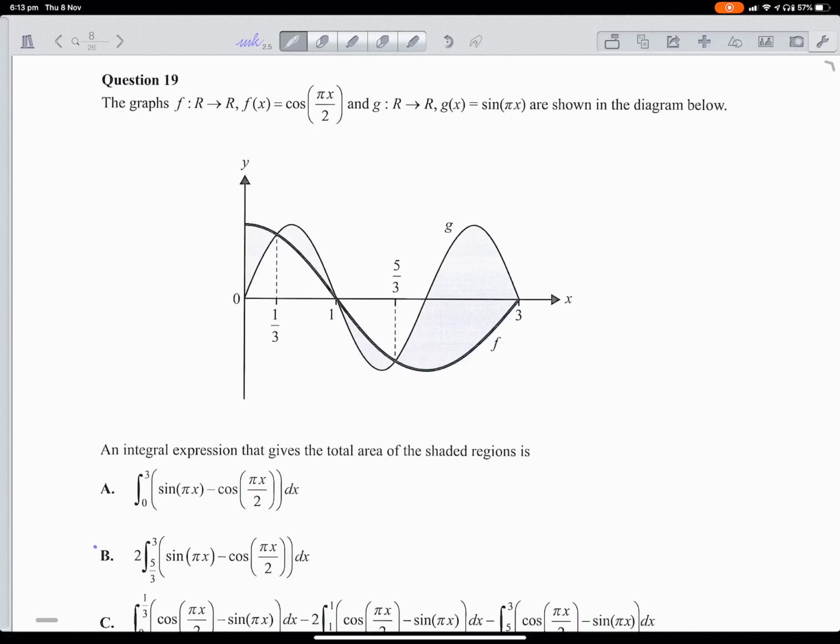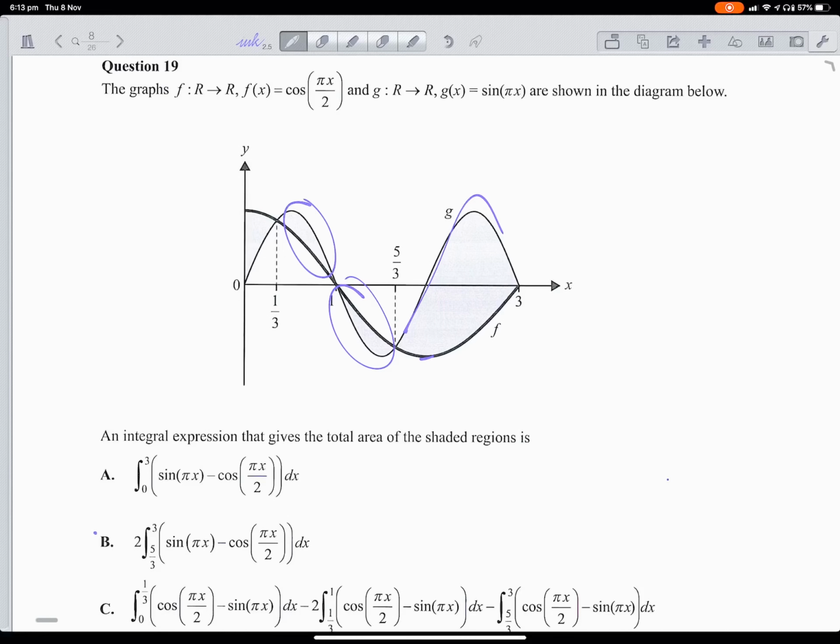Okay, another one. That and that are symmetrical. Higher minus lower. Okay, 0 to 3. It's never going to be that. 2 times 3 on 5. And then, which one's which?